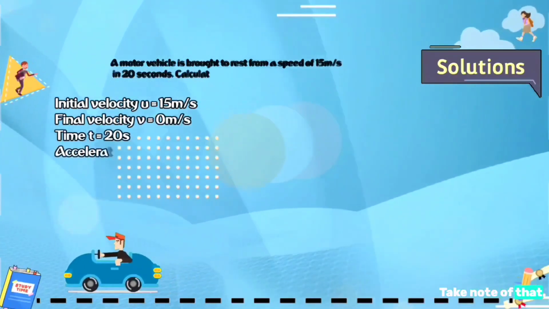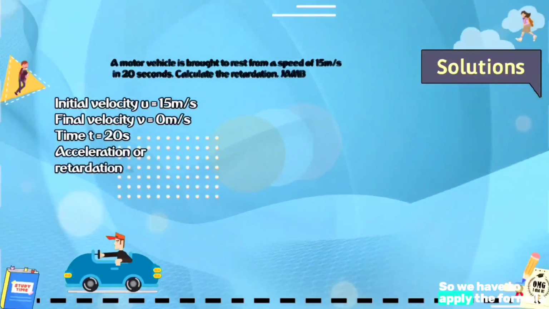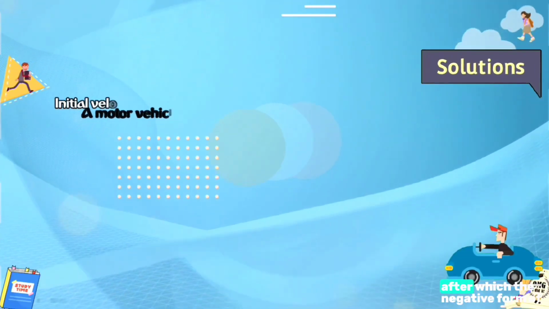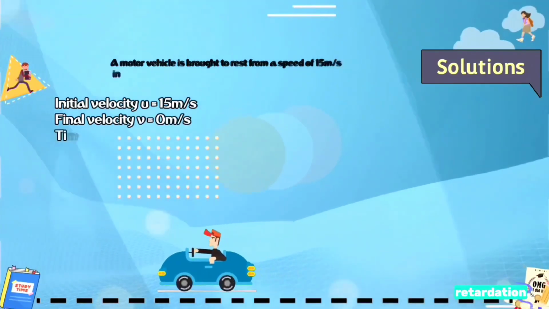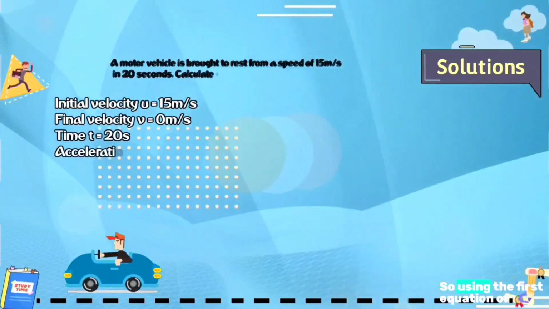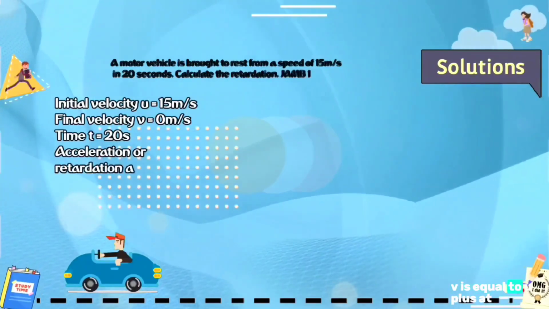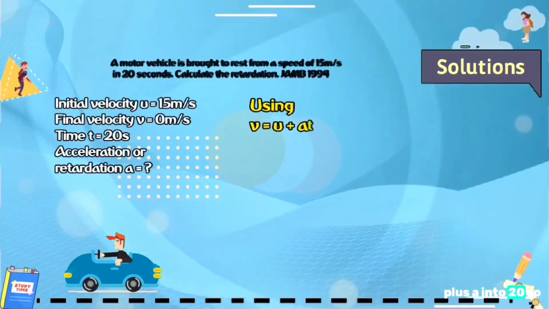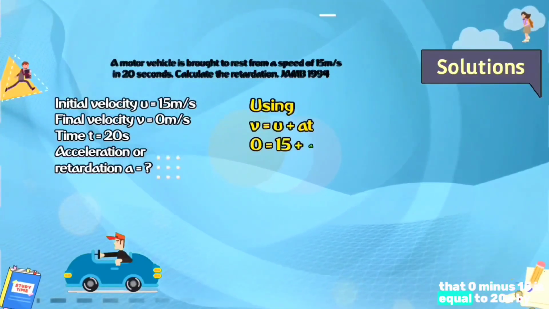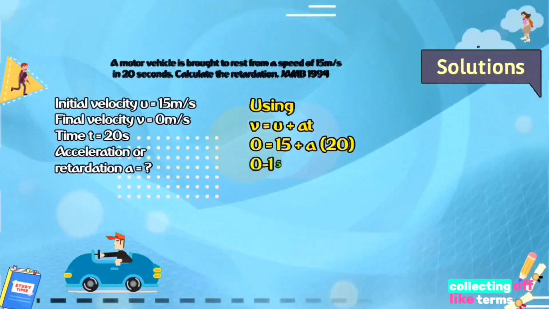Take note of that. So we have to apply the formula of acceleration, after which the negative form of our answer becomes the retardation. Take note of that. So using the first equation of motion, v is equal to u plus at, we have 0 is equal to 15 plus a into 20. So that 0 minus 15 is equal to 20a by collecting like terms.